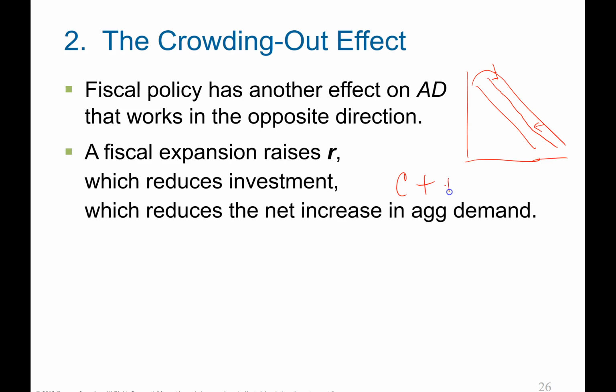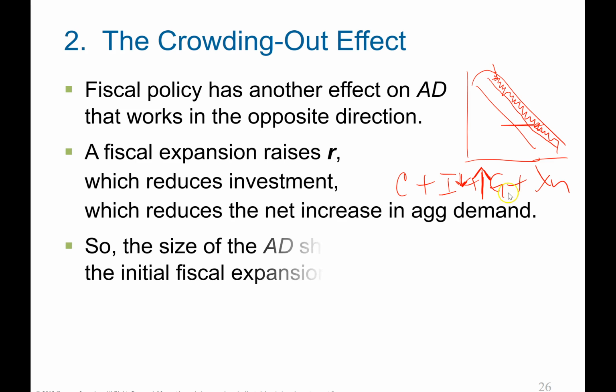So if we're looking at the components of GDP, we could say, well, government expenditures go up to cause that expansionary policy, but maybe there's an unexpected smaller decrease, so kind of a mitigating decrease in investment that's caused by that higher interest rate. So even though you do have a net effect of an increase in aggregate demand, still this crowding out effect kind of minimizes or cuts back on the positive effect.